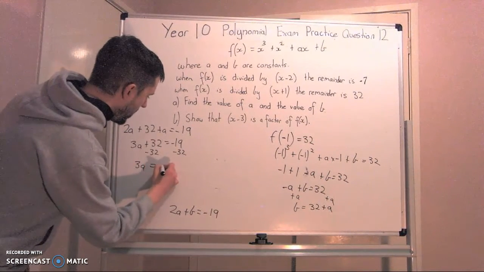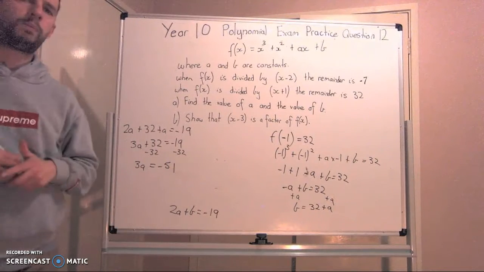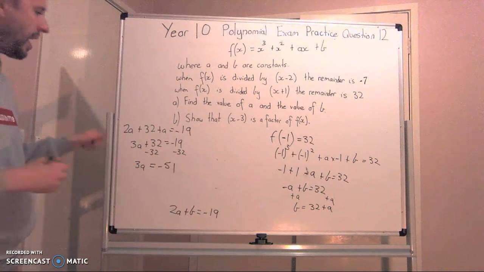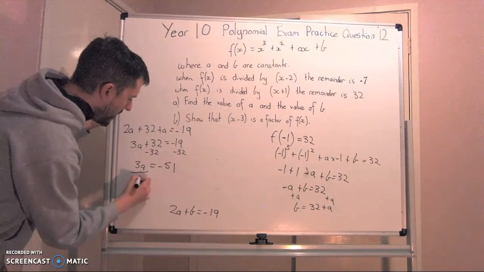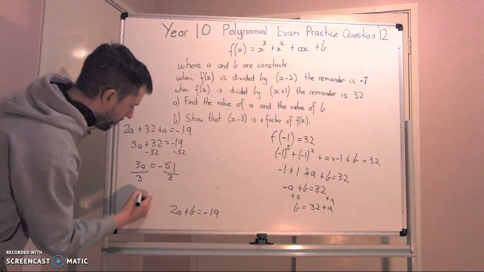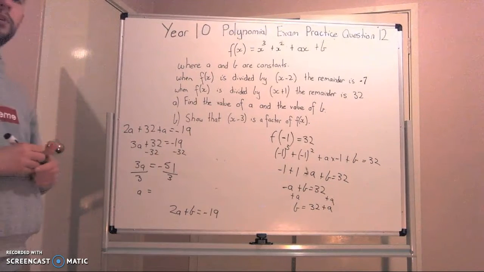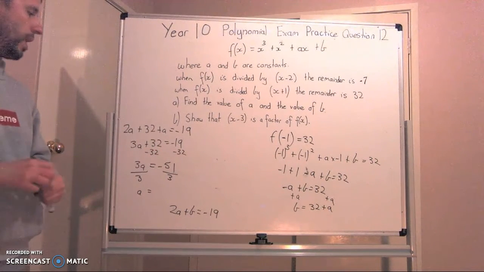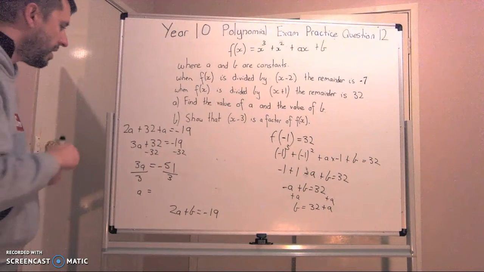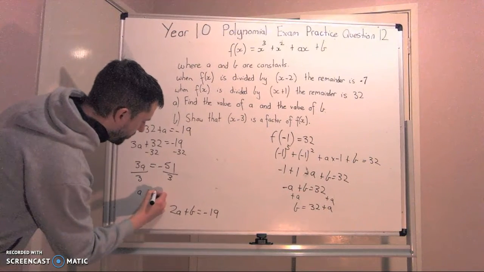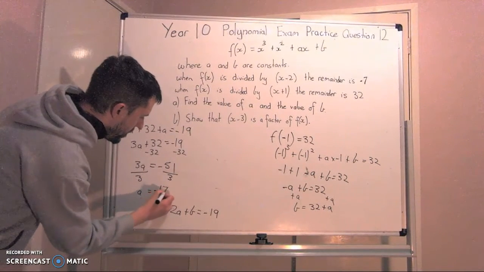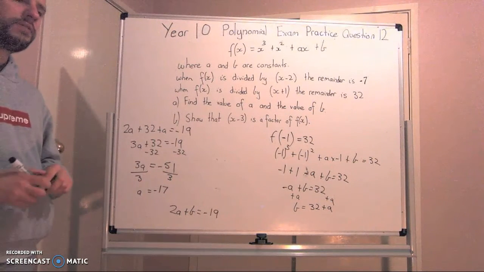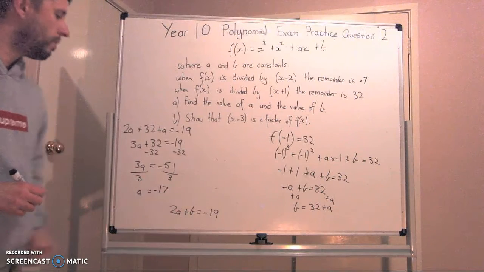And that gives me negative 51. The next step that I need to do is get a by itself, and to do that I need to divide by 3. So I'm going, how many 3's are in 51 or negative 51? And that is going to be negative 17.